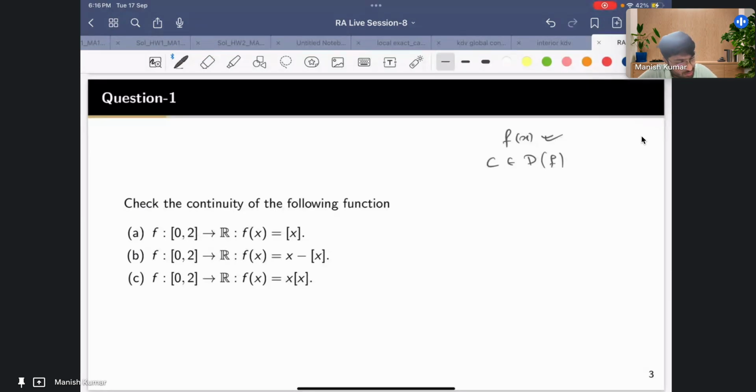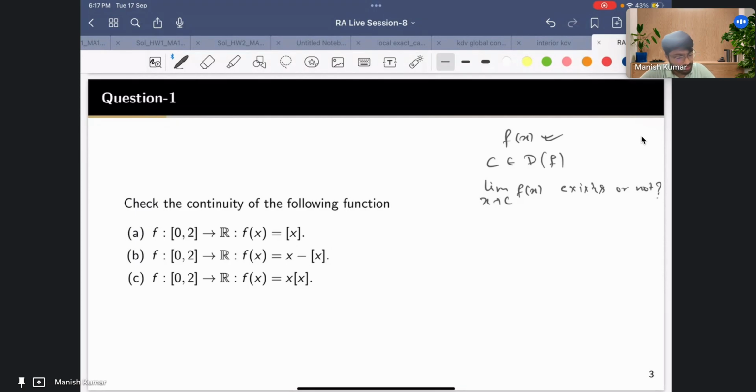Then the first question is whether the limit of f(x) as x tends to c exists or not. This we have already understood, how to address this question, whether this limit exists or not. Now suppose this limit exists.